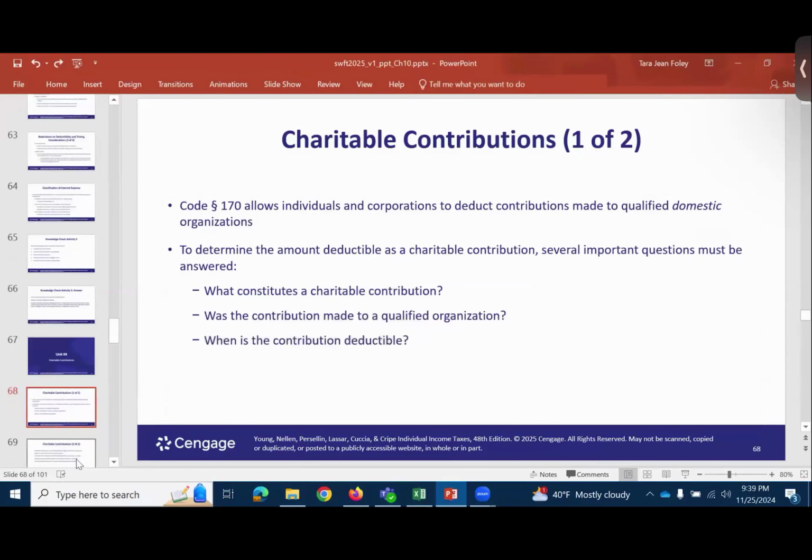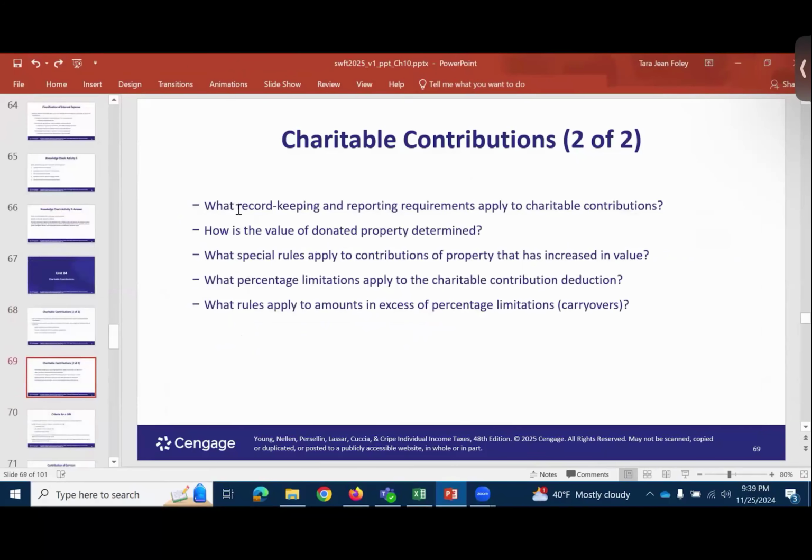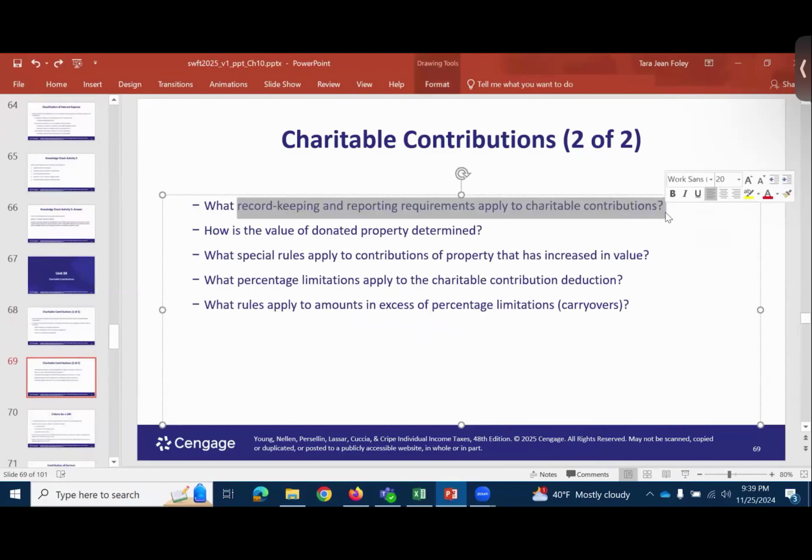If you contribute to an organization, they will send you a letter back saying thanks for your contribution. You have to keep that, because technically, if you don't have proof that you contributed to a 501(c)(3), you can't put it on your tax return.